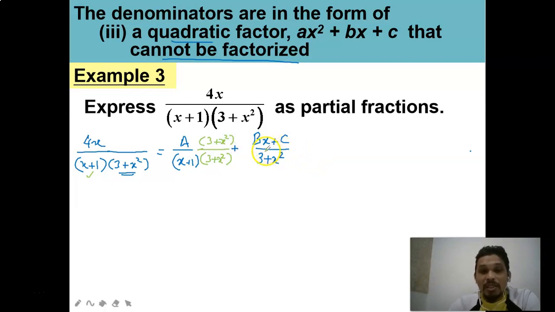And what about Bx + C? It has 3 + x², so it needs another of x + 1 here. So multiply with x + 1 and x + 1.